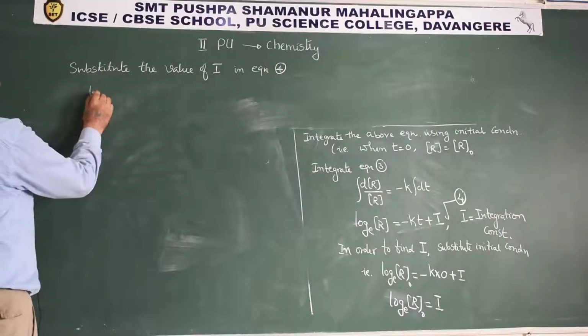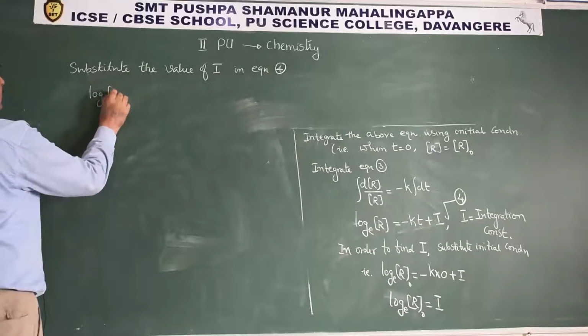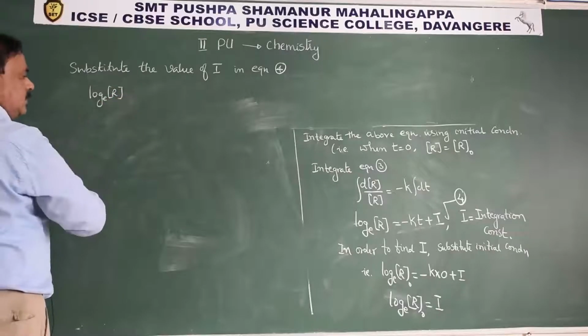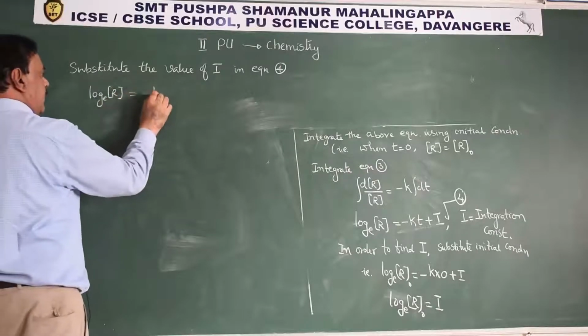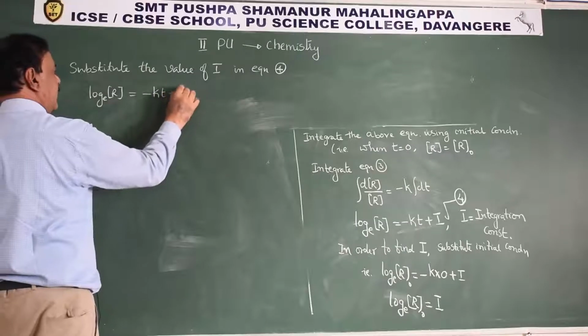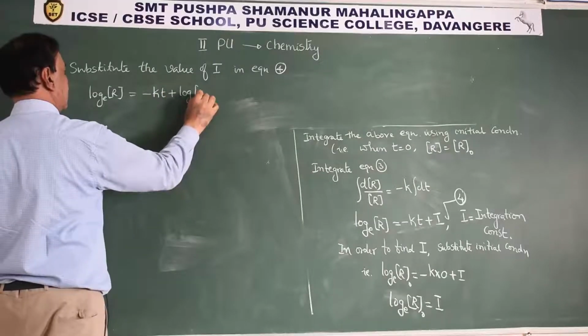Then log e R is equal to minus Kt plus log R naught.